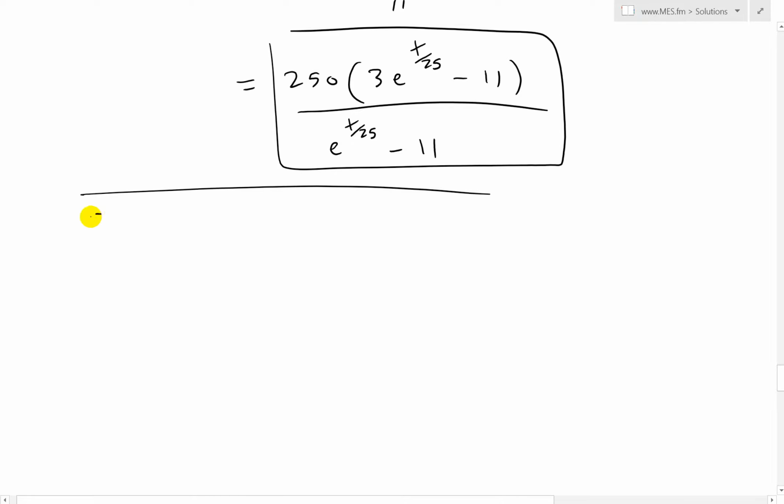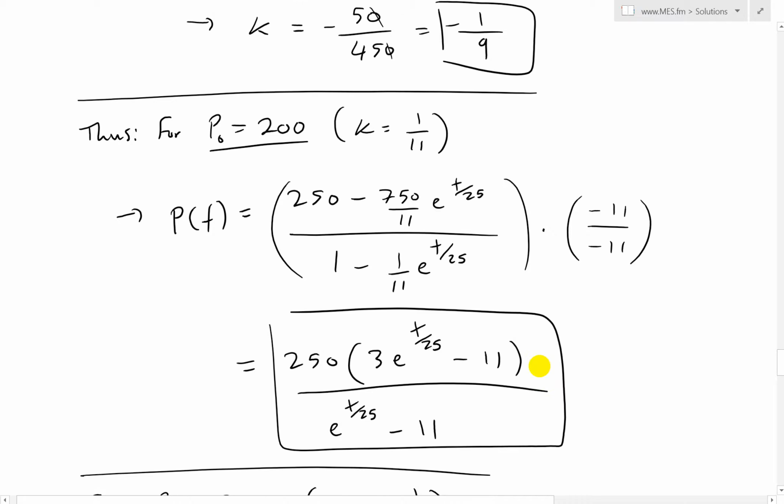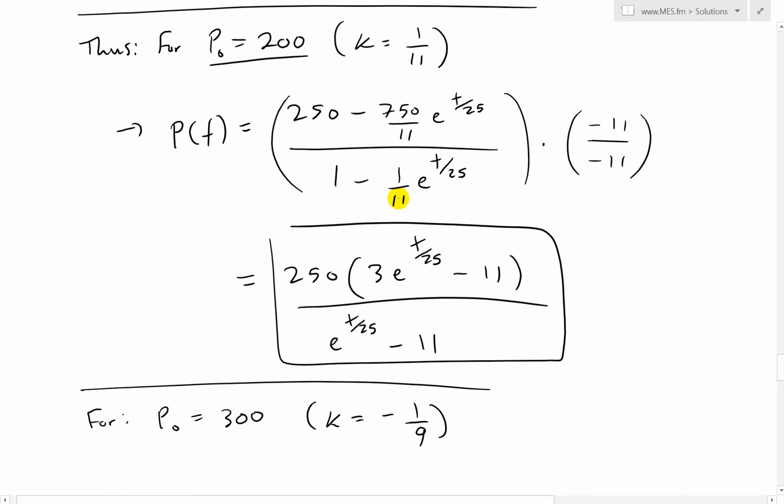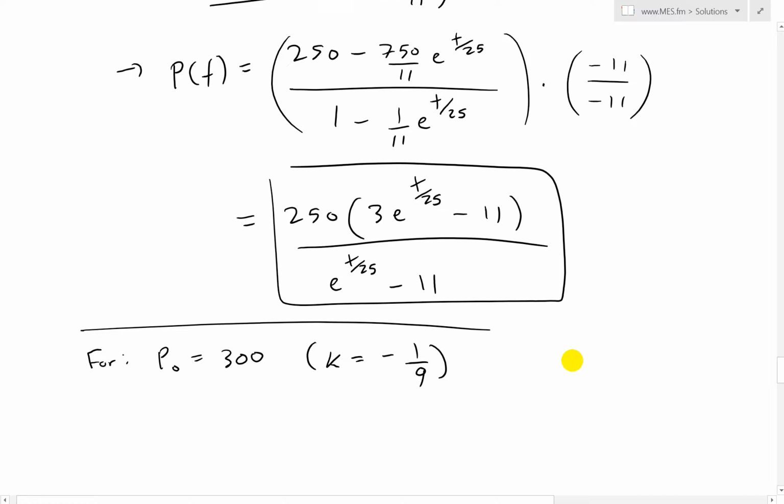So now let's look at P of 0 equal to 300. When this equals 300, the only difference now is that K is equal to negative 1 over 9. So similarly, we could plug that in, but if you want to simplify it, instead of multiplying by negative 11 over negative 11, we'll multiply by just positive 9 over positive 9, because that's negative there.